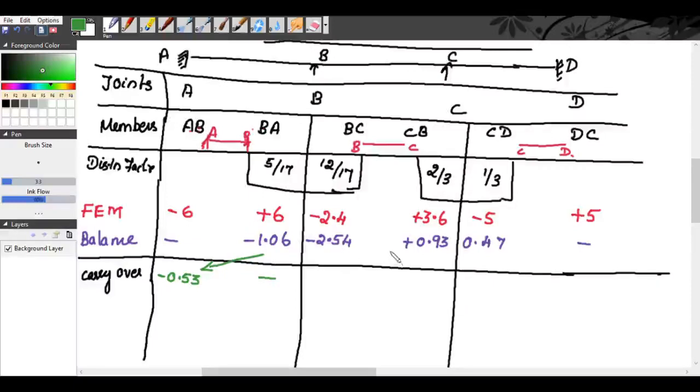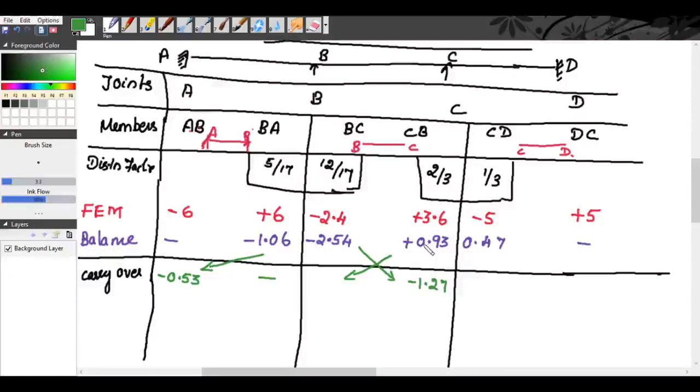Now, between B and C, half will be carried to the other end because B and C are considered as intermediate supports, so they will be assumed as fixed supports. So half will be carried from C to B and from B to C. From minus 2.54 divided by 2, we get minus 1.27.